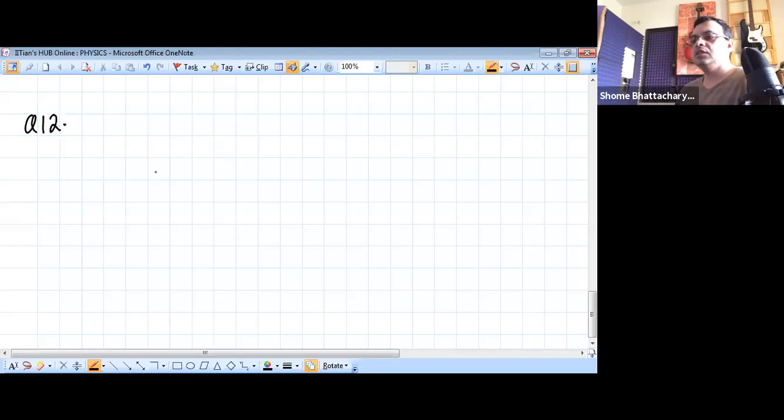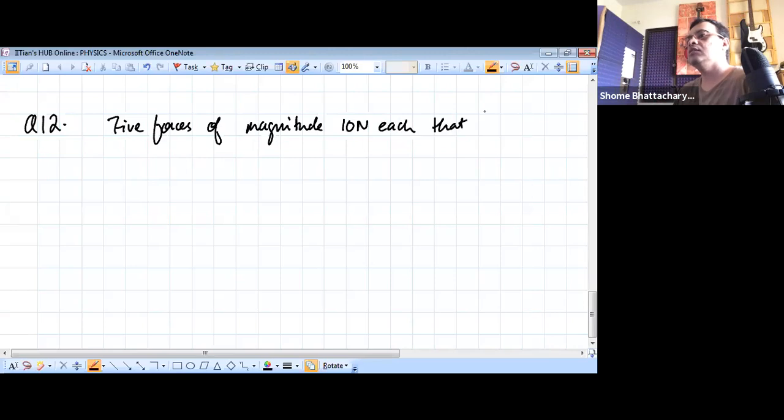So let me just illustrate the language of the question first. It says that you have 5 forces of magnitude 10 newtons each, that are in the same plane. That means they are coplanar.